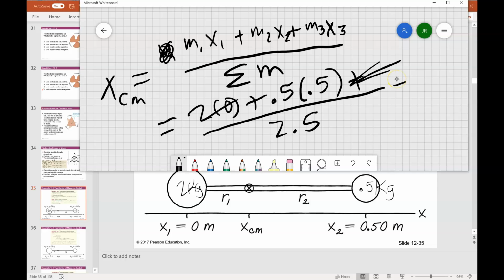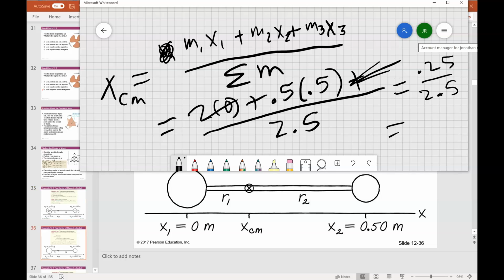Okay. So that gives us 0.25 over 2.5. Let's see, what is that? That's going to be 0.1, so 0.1 meters or 10 centimeters.